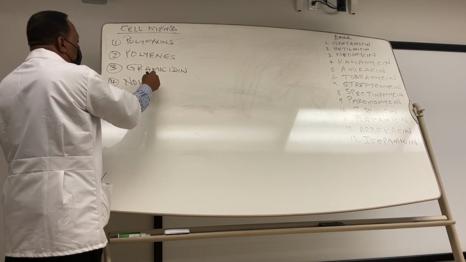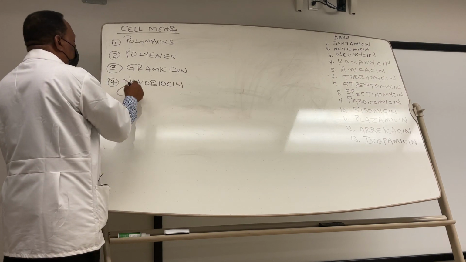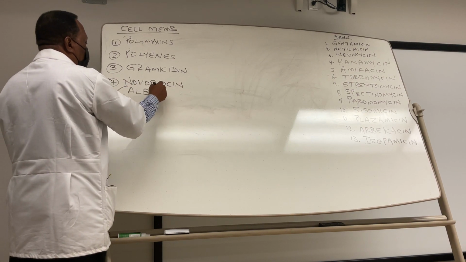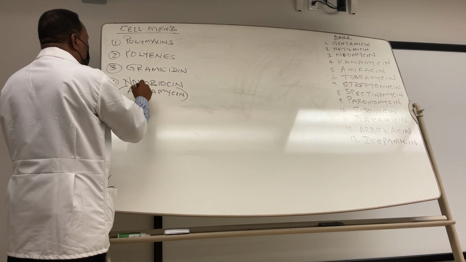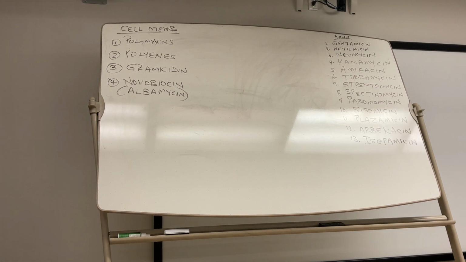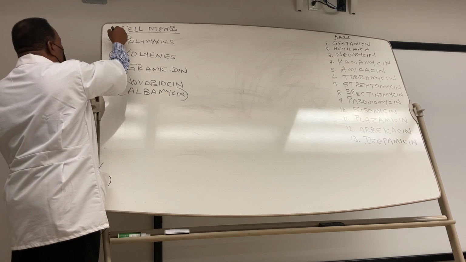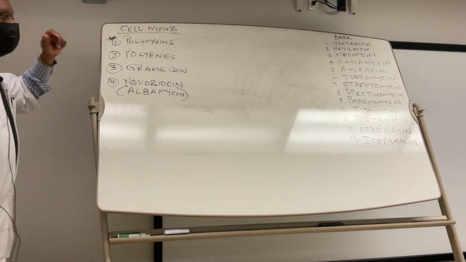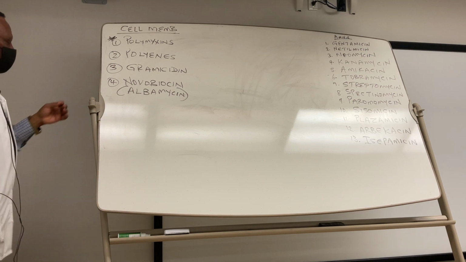Novobiocin, you can see it as Albamycin. It's another agent that can affect the cell membrane. We will of course take the polymyxins as the representative agents for drugs that inhibit cell membrane functions.